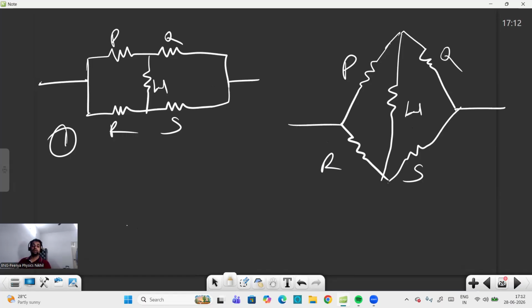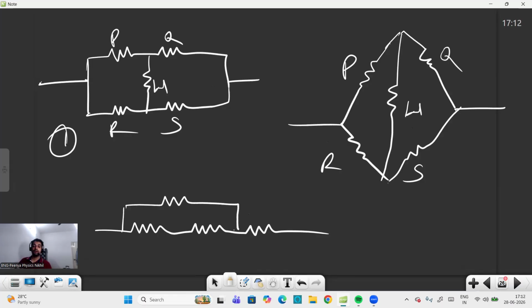It can be like this also. Here resistors are like this. And in this way, this is also a combination of 5 resistors. Here P, Q, R, S, W. Correct. These are 3 ways.